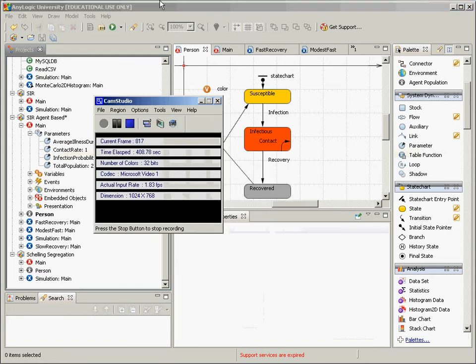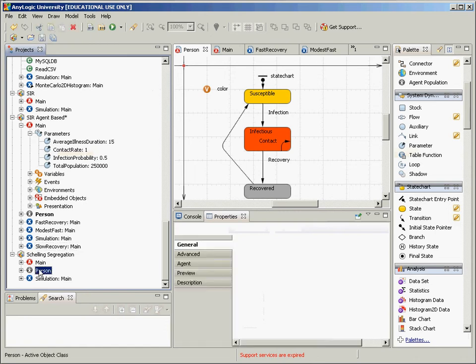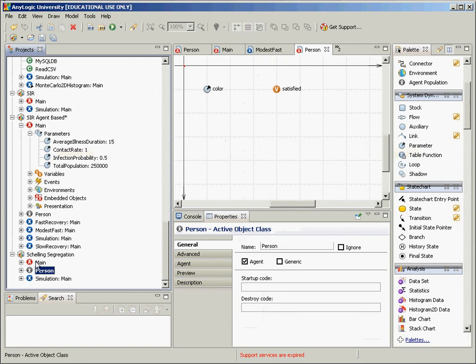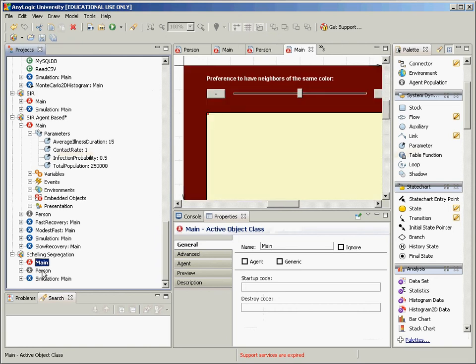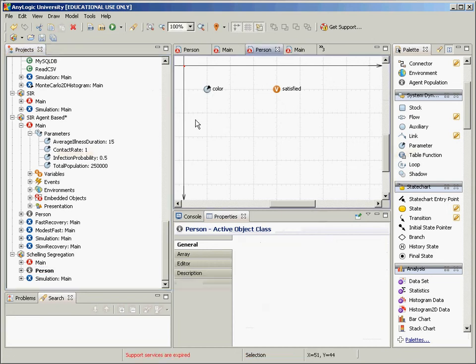Okay, so within the Schelling segregation model, we again have a main space and a person space, okay? And the person space is going to have a variable saying whether they are satisfied with where they live or not. They also have a color associated with them.